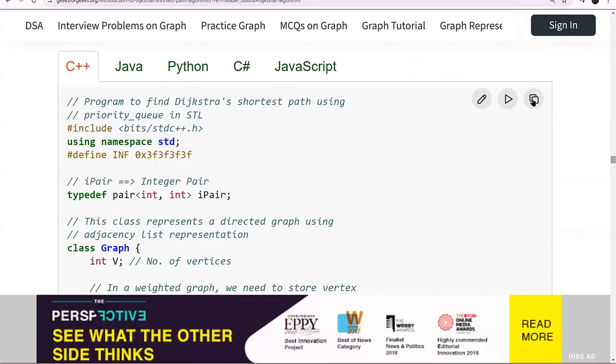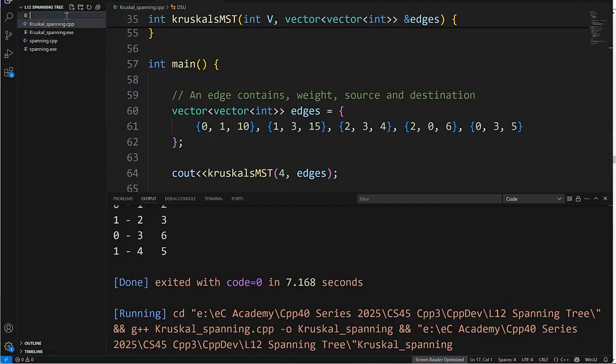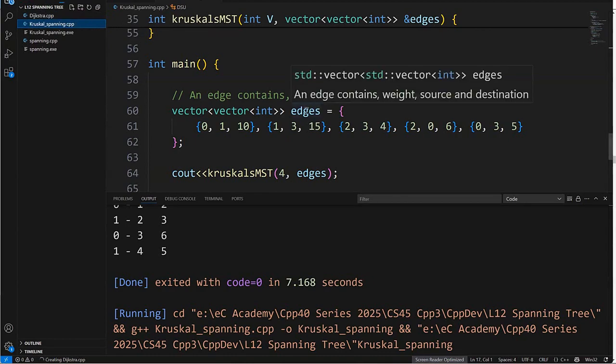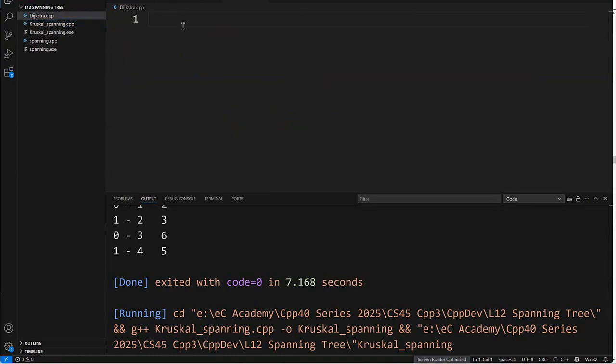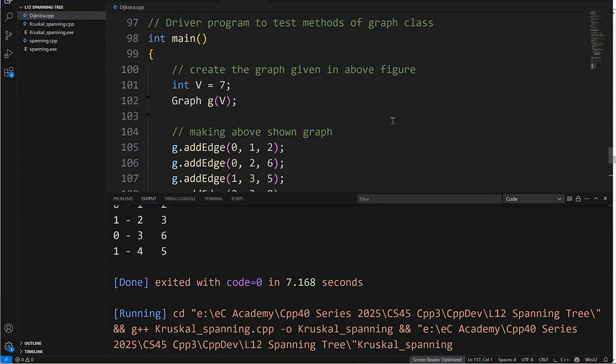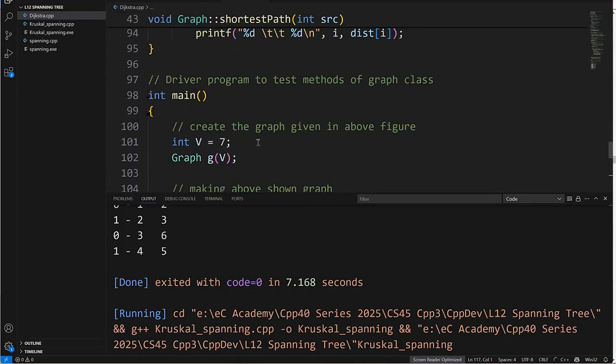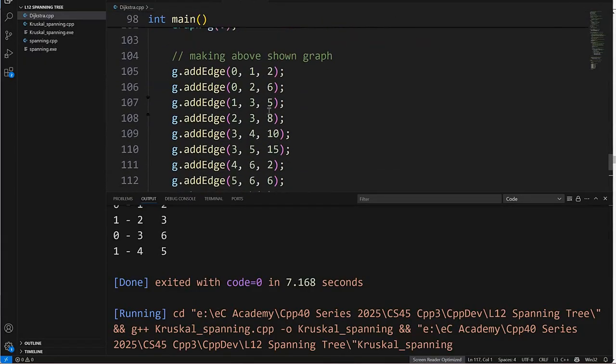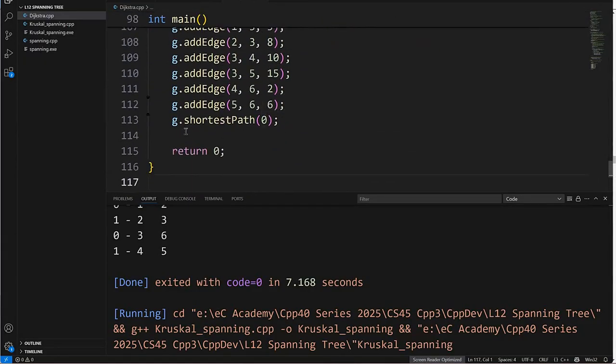So that's actually copy this one. Call it registrar, that's CPP. So in this one, you have a V and there's a graph. You add different edges to it and find the shortest path from 0.